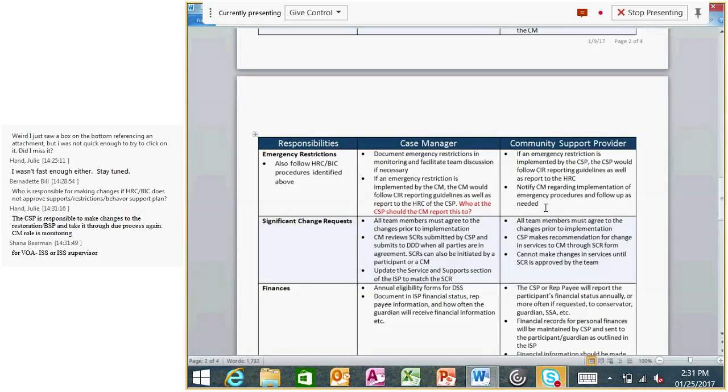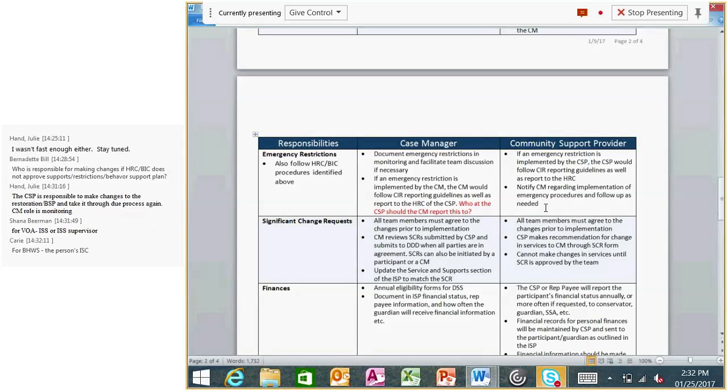Okay, so Shanna is saying that for VOA, that would be the ISS or ISS supervisor. Julie, this is Deb at Northern Hills. What we would do is have them contact the internal support coordinator, who would then report it to the person who is in charge of the HRC BIC committee. Okay, is that pretty consistent across the board?